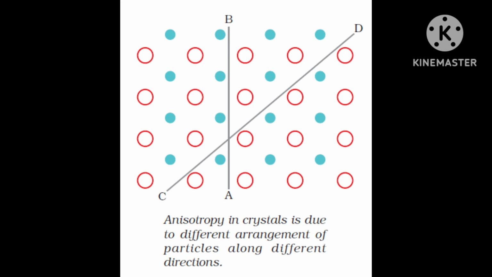The main characteristic of a crystalline solid is a regular and repeating pattern of constituent particles.